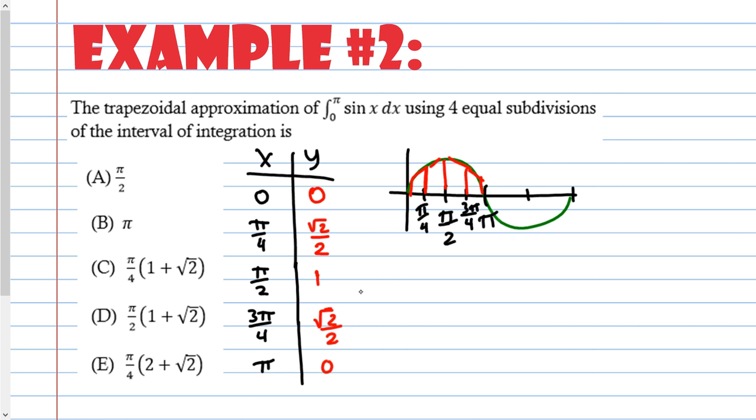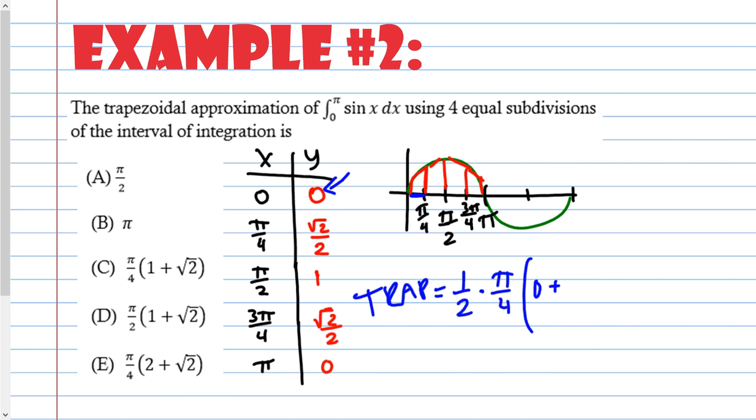So now my trapezoidal approximation is going to be 1/2 times the widths, right? So each one of these has a width of pi over 4, because basically I took pi, divided it up into 4 pieces. So it's a fourth, a fourth, a fourth, a fourth. So pi over 4. And then my first base is 0, which obviously I don't have to write, but I'll do it anyway.